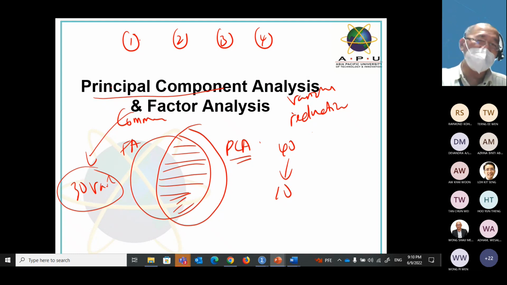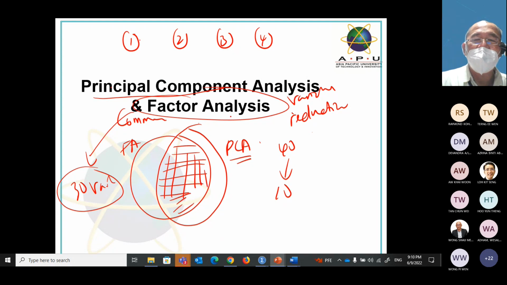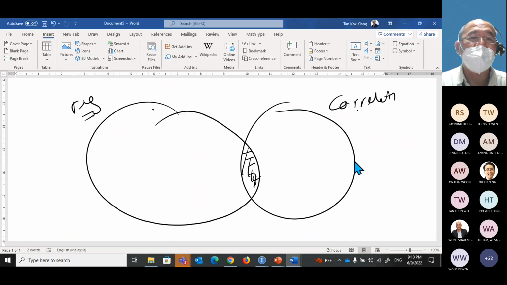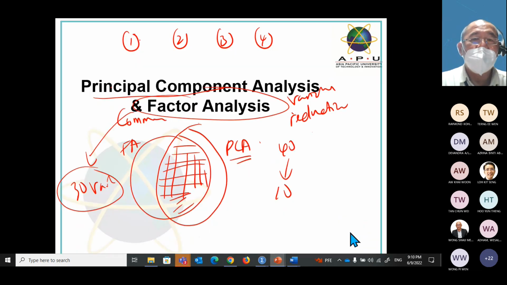Therefore, it is quite similar, like regression and correlation. But of course, we focus more on factor analysis, as per the name of the chapter. For these two, the similarity is even greater compared to correlation and regression. This is the main difference between factor analysis and principal component analysis.